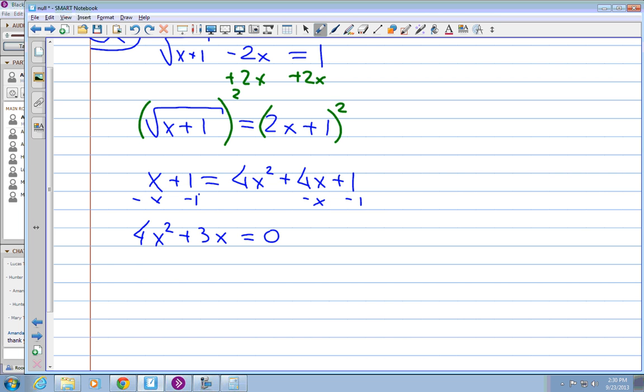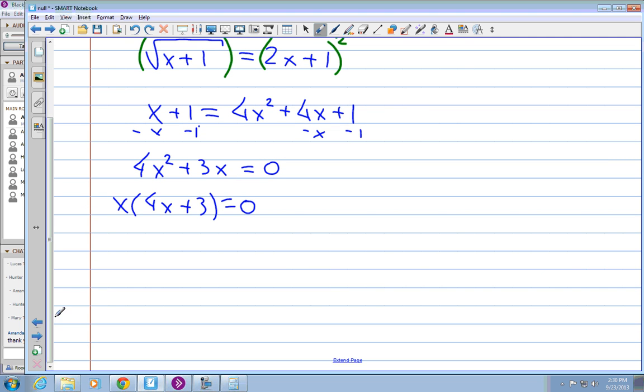Well, I can, but it will be overkill. I can factor that, right? Yeah, I can take out an x, but I can do it by completing the square. It'll just be a lot of extra work. So it's either x equals 0 or 4x plus 3 equals 0. So x equals 0, x equals negative 3/4, right?